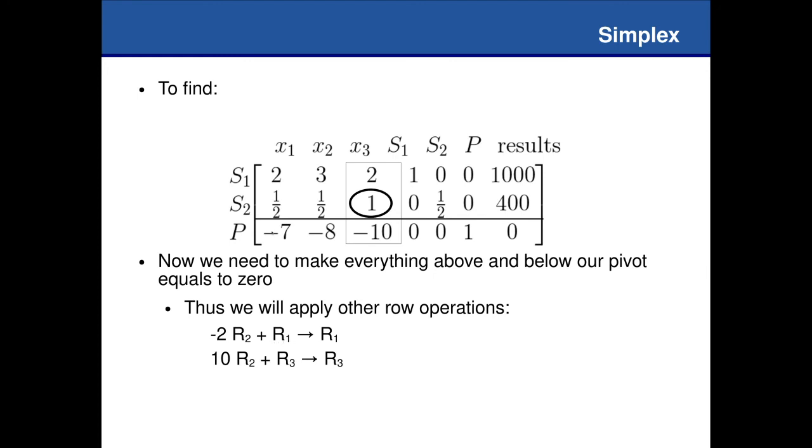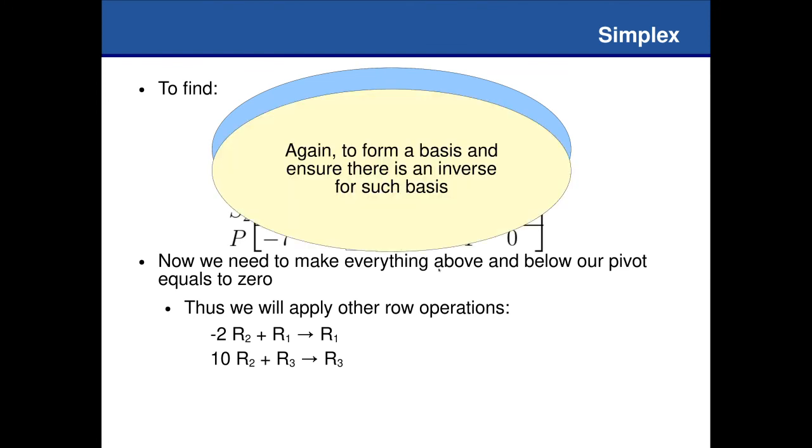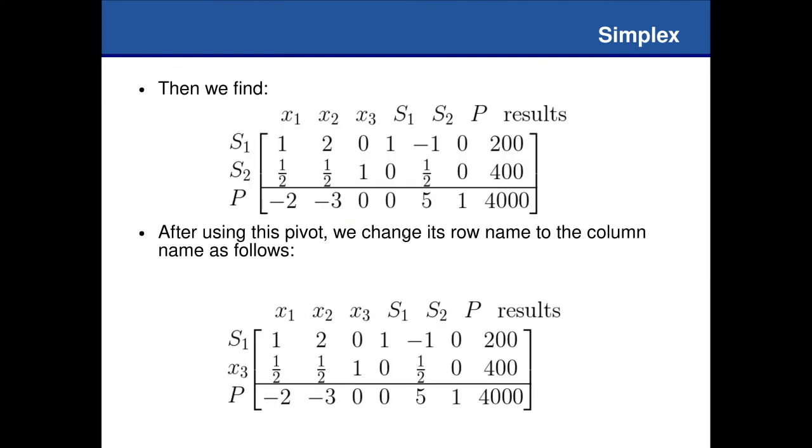Row 3 will assume itself plus 10 times row 2 to make this minus 10 equals to 0 as well. So applying those two simple operations, okay, I explained that before, we're going to obtain this 0 and 0 over here.